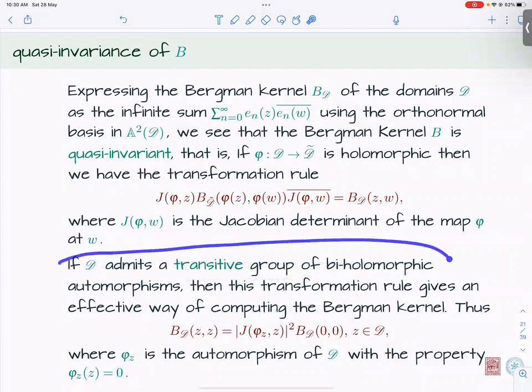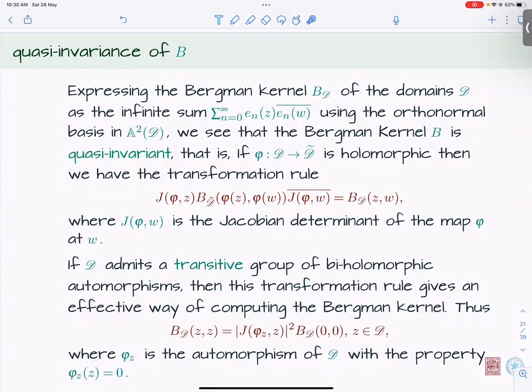That means given an arbitrary point in your domain, there is always a biholomorphic map. By biholomorphic, I mean a holomorphic map which is bijective.